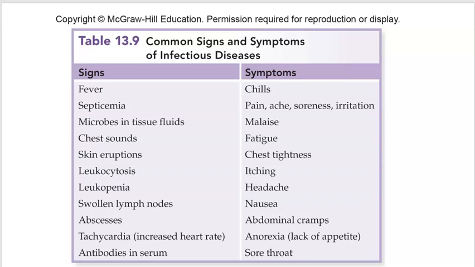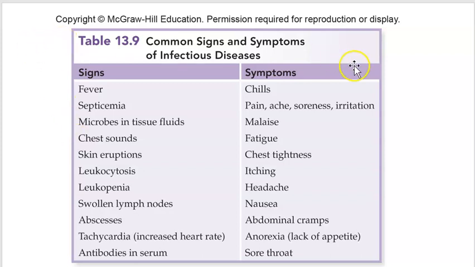So when you go in and they check your vital signs, they're going to check your body temperature, your heart rate to make sure that you actually have a pulse, your blood pressure, and your breathing, to make sure that you're falling within what's considered a normal range.